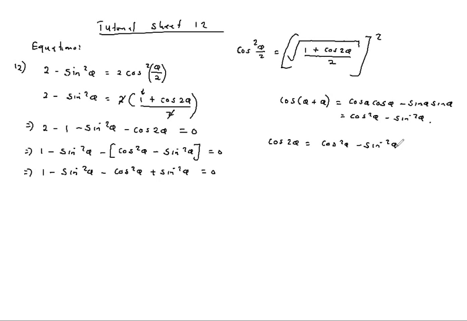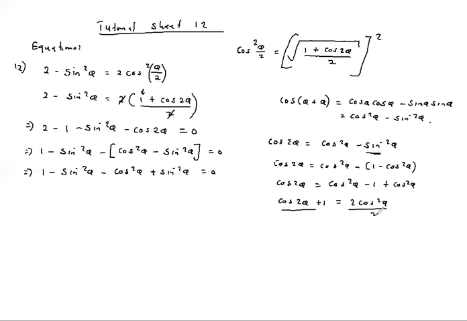So we change this to cos: cos squared theta minus 1 minus cos squared theta, so we have cos 2 theta is equal to cos squared theta minus 1 plus cos squared theta, so that we get cos 2 theta plus 1 is equal to 2 cos squared theta.